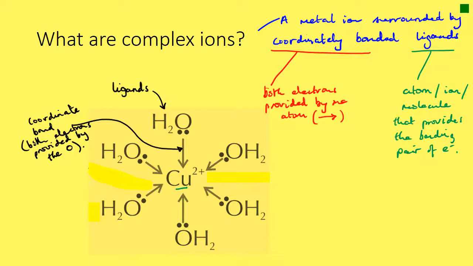So first of all, let's remind ourselves what a coordinate bond is. A coordinate bond is a covalent bond where both of the bonding electrons are provided by one atom.